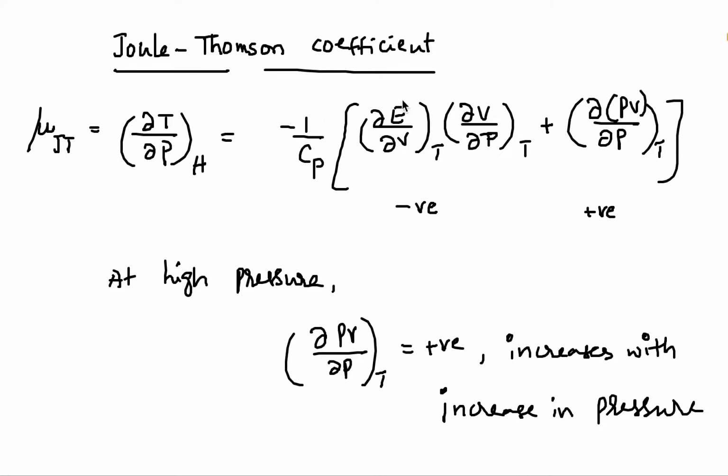Further increase in pressure makes this term more positive, and the other is smaller in magnitude compared to it. Therefore the two factors inside the bracket become a positive number, and so mu JT becomes negative.